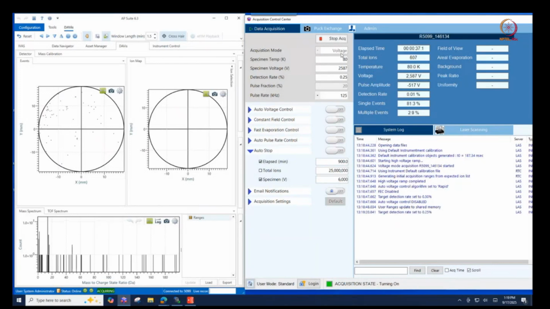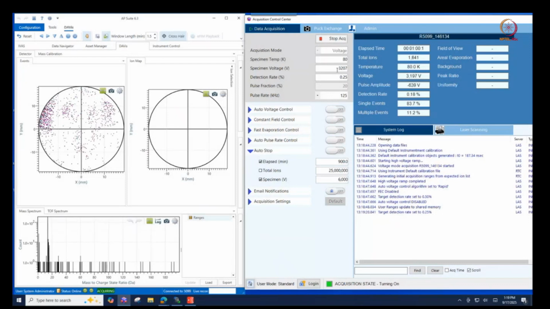These circular maps are nothing but detector event maps. Whenever some atoms get detected and hit the detector, these purple dots pop up. And towards the bottom, what you see is counts versus mass to charge state ratio. This is the mass spectrum.